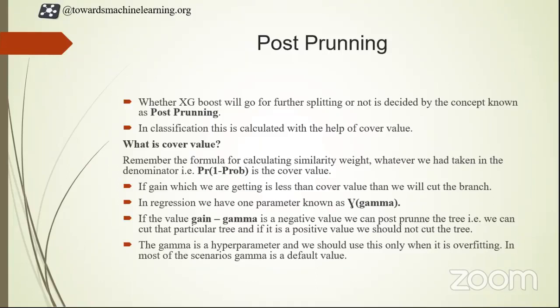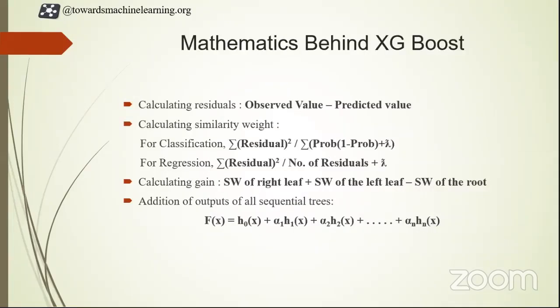In classification, this can be calculated with the help of a cover value. What is this cover value? Let me take you to this slide. In classification, what we have is the summation of residual squared upon the summation of probability into 1 minus probability plus lambda.